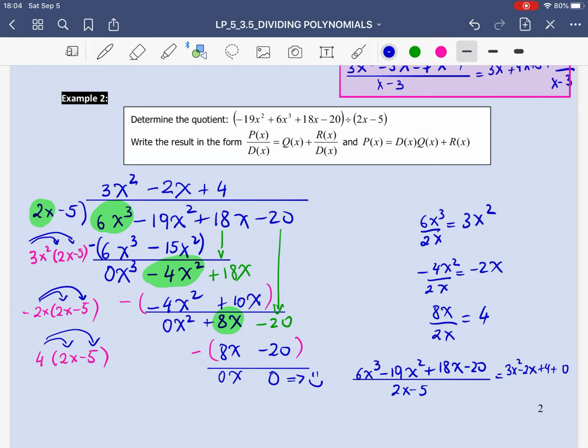So this will be the division statement in our case. And let me box this up. And this was one very ugly box.